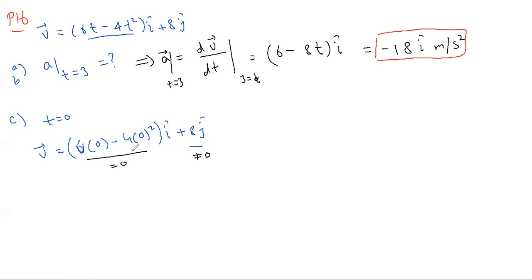So it means velocity can't vanish. So v cannot be 0. There is no possible situation in which vector v can be 0, because vy is constant.